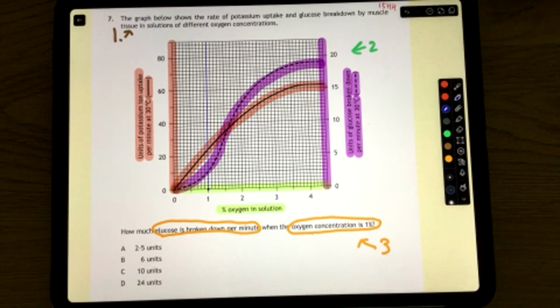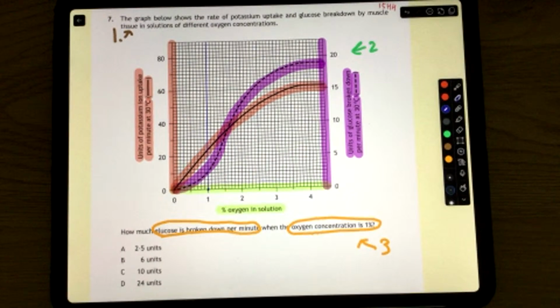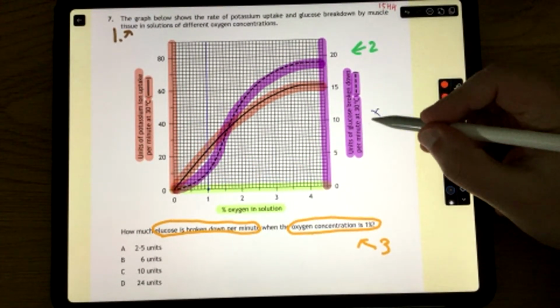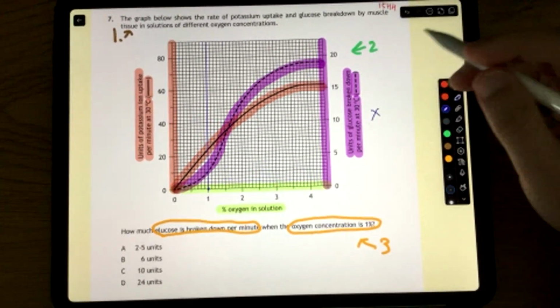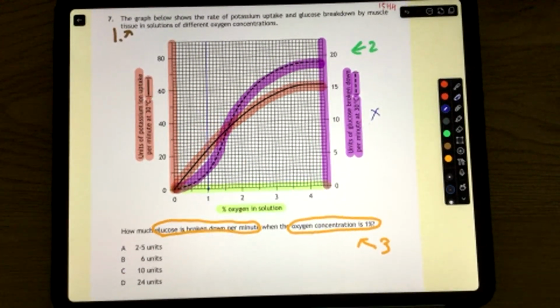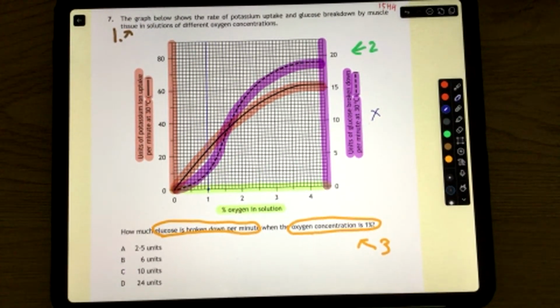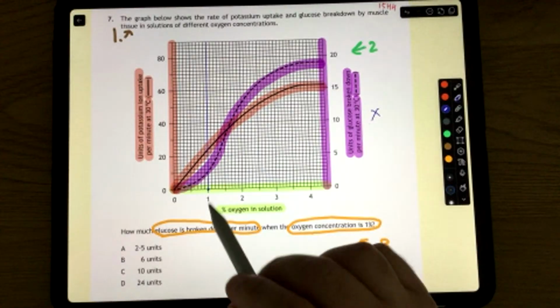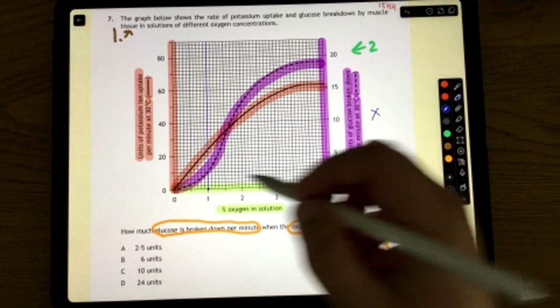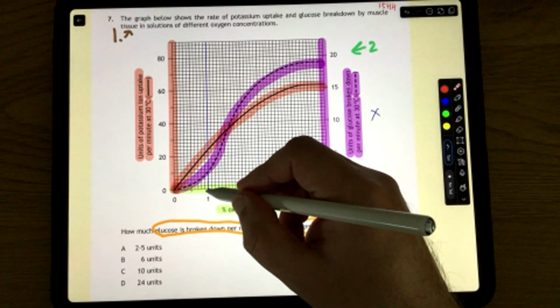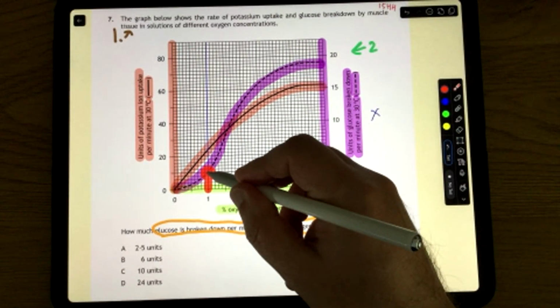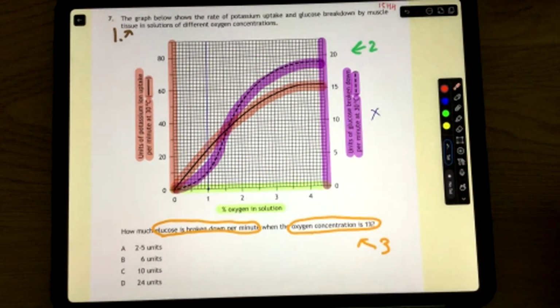Now, the glucose being broken down is here. Okay, so I'm only dealing with the highlighted purple sections of this graph once I've sorted out the information on it. So we're just going to go all the way up this line until we meet the dashed line, which is going to be roughly there.